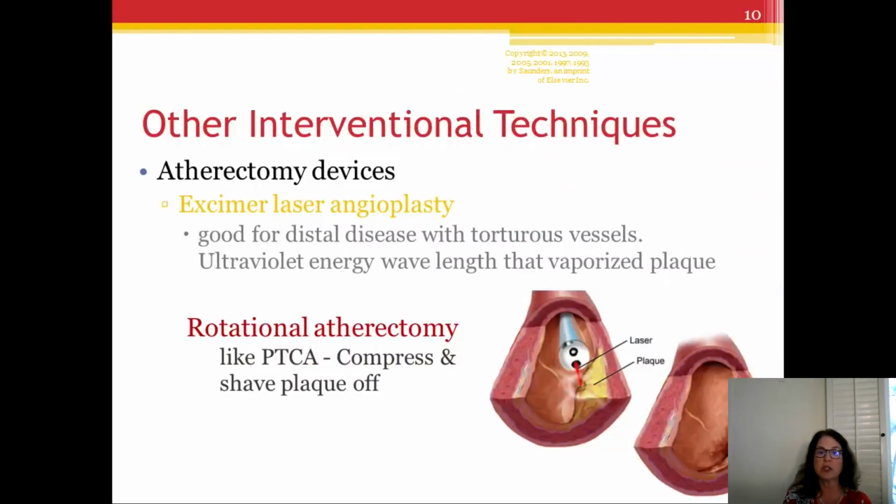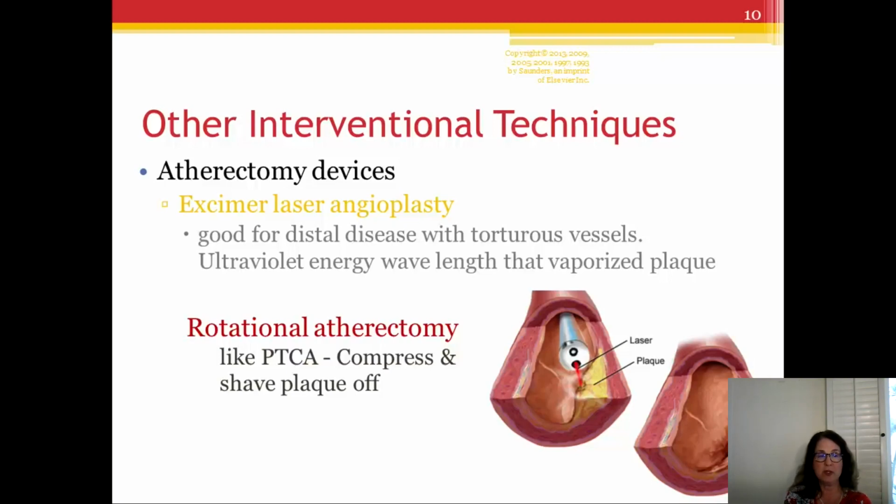And then other interventional techniques, there's atherectomy devices, literally excimer laser angioplasty. We may see this more in the future as it gets better. To me, this seems simpler than having something foreign left in there. It's thought to be better for distal disease or with odd or tortuous vessels that you can't put a nice balloon or stent in. It's literally using ultraviolet energy with wavelengths and vaporizing, just zapping the plaque.